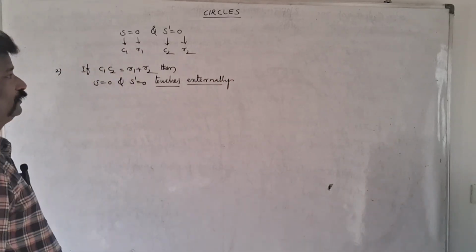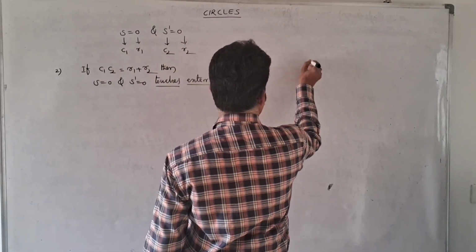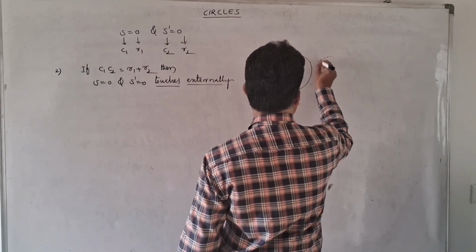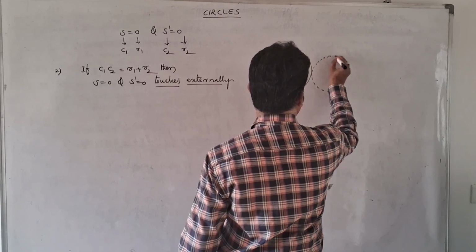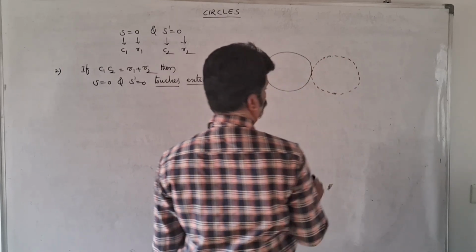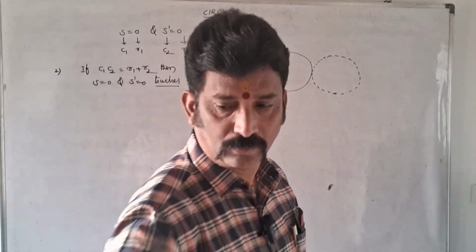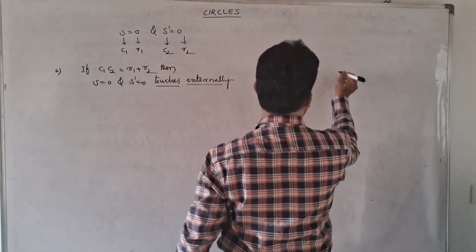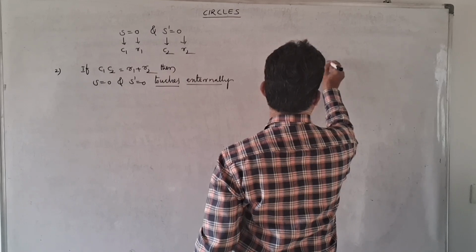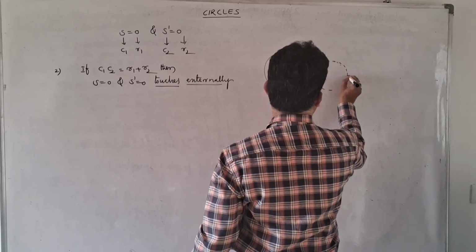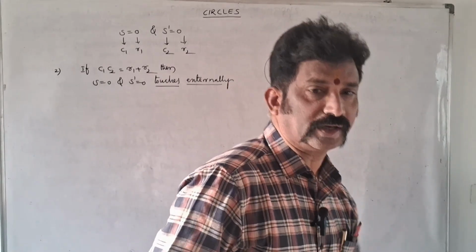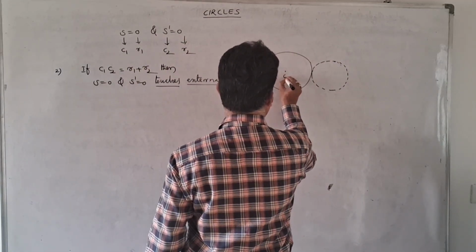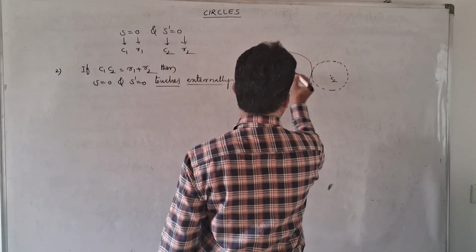Two circles touch externally. So this is center C1 and this one is center C2.